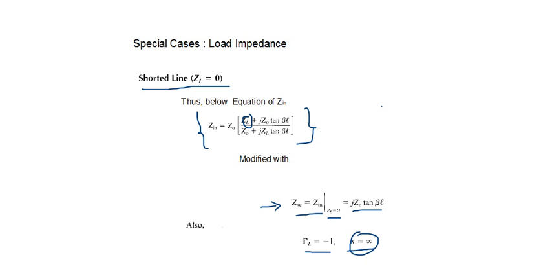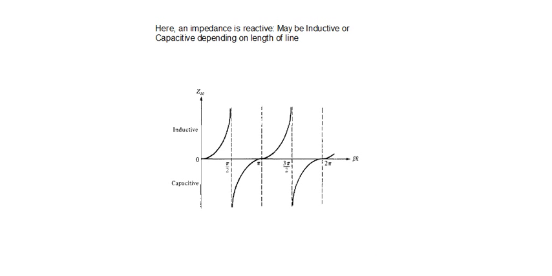Now if you would like to see the situation on the line, this is the figure on which you can identify that the impedance in this condition will be either inductive or capacitive, depending on the length of the line. If suppose the line has length βL between 0 and π/2, then the load impedance represented is inductive, and so on.